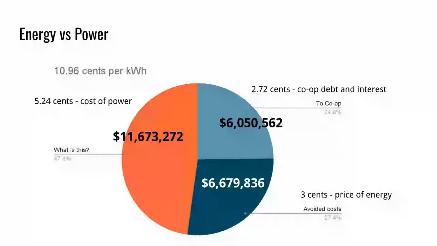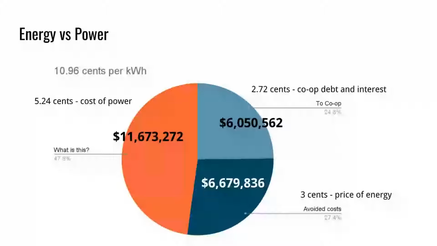Let's take another look at this chart from the first video. The 10.96 cents per kilowatt hour that we pay to Scenic Rivers gets divided up where 5.24 cents is demand charges, but it's also called the cost of power. 3 cents are what they call avoided costs, and that is the price of energy.